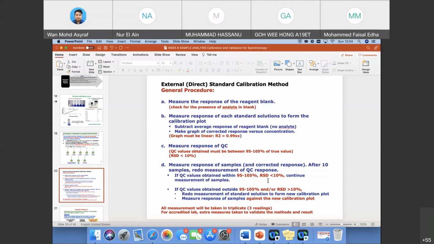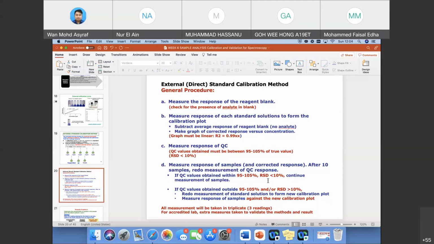After usually 10 analyses, you do a QC quality control analysis where you put in, for example, 5 ppm of known concentration, and then you look at the signal, whether it is still okay or not.